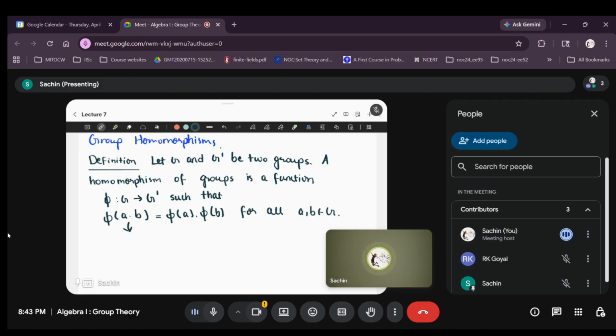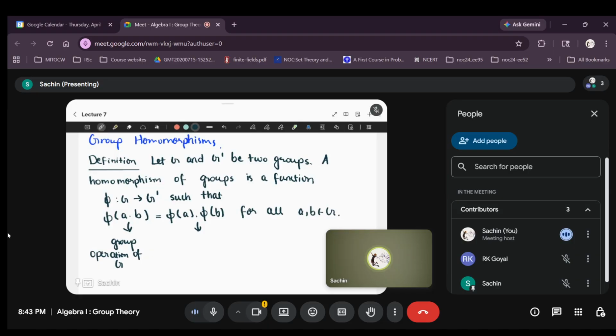So here you first do A times B. Since A and B are elements of the group G, this A times B is actually the multiplication in G. So this is the group operation of the group G. Here phi of A and phi of B are elements in G prime.